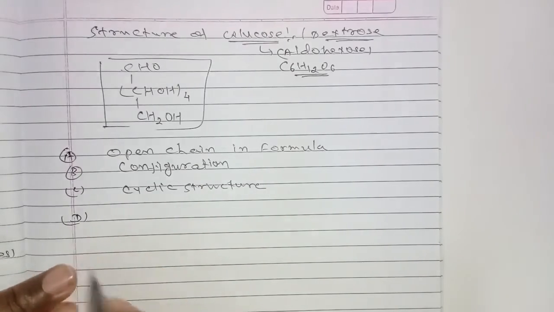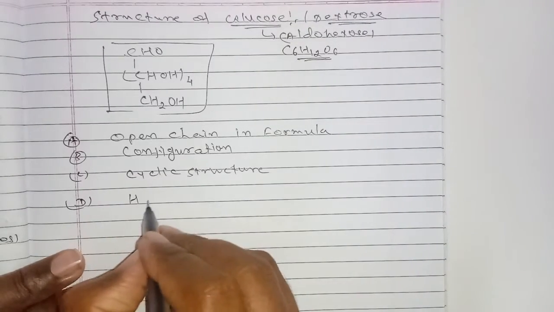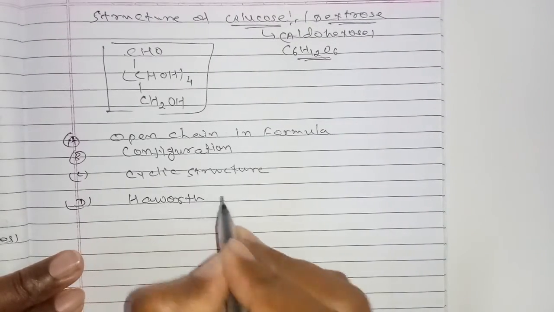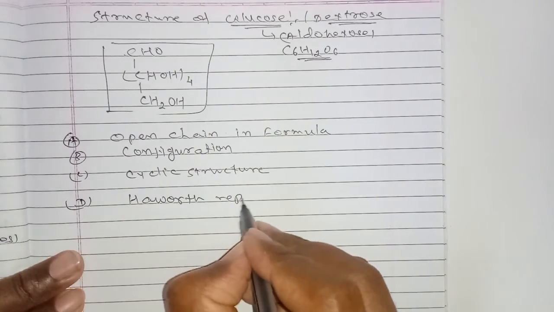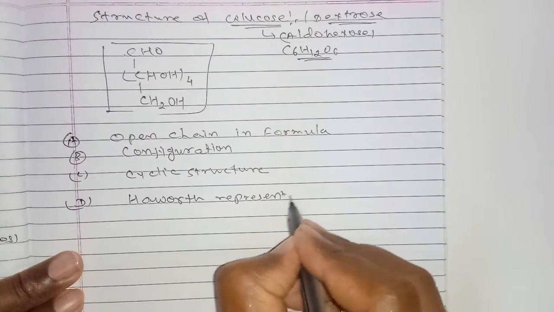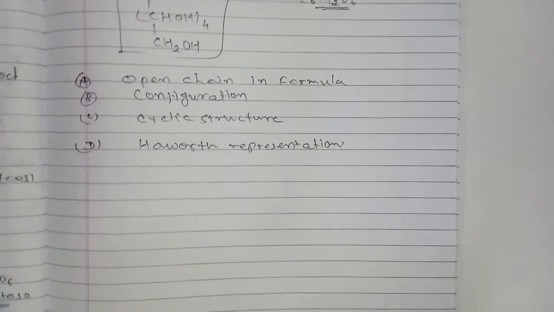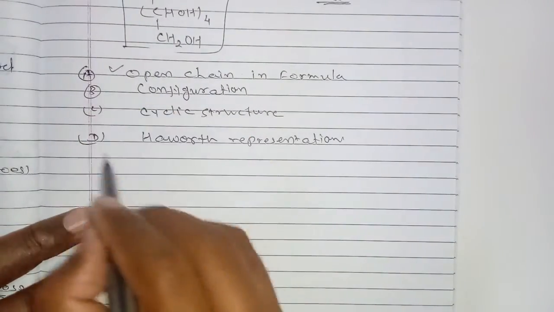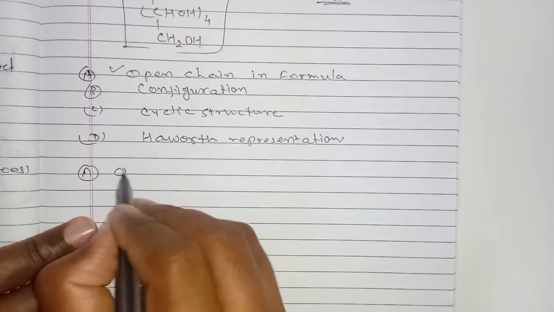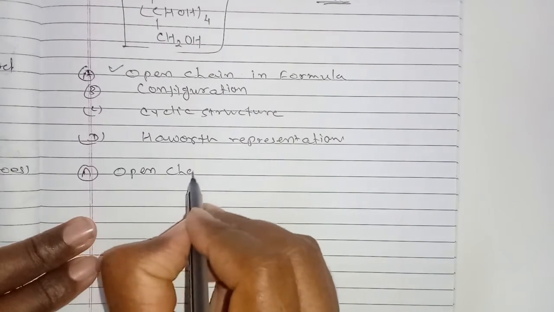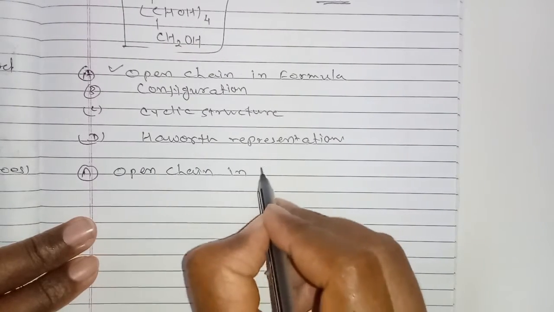C, Haworth representation. First of all, let's see the open chain formula.